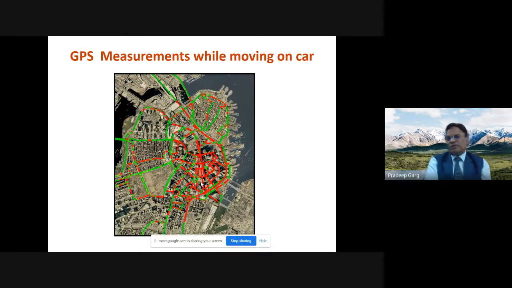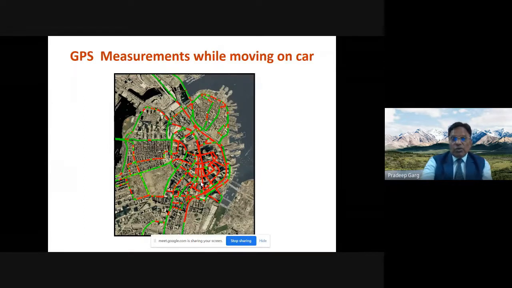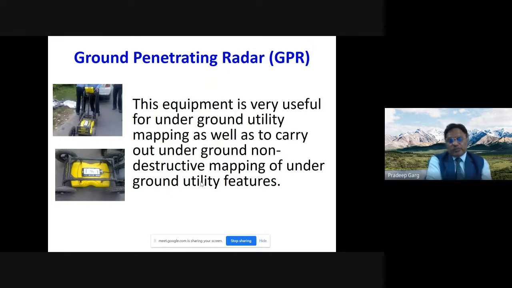This gives me an indication that probably these are some bottleneck areas. These are the areas which require some improvement in the road condition, widening of the road, or making some road one way or the other road, so that there is no traffic jam on this.